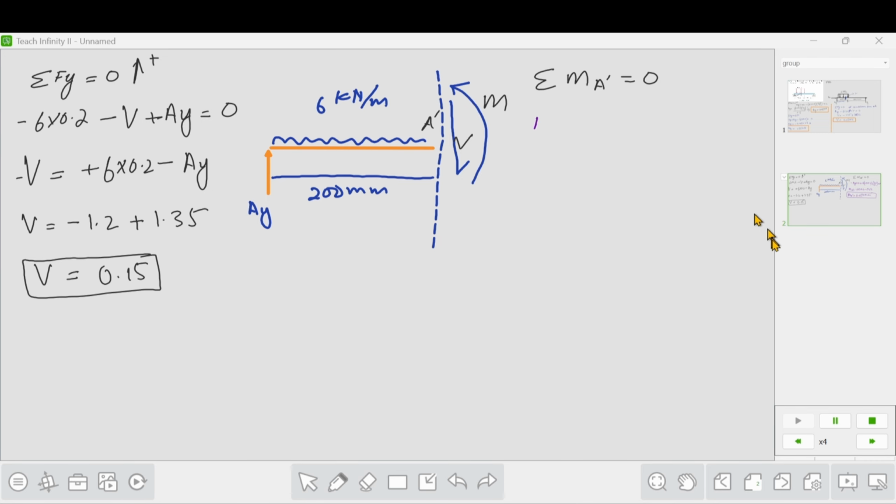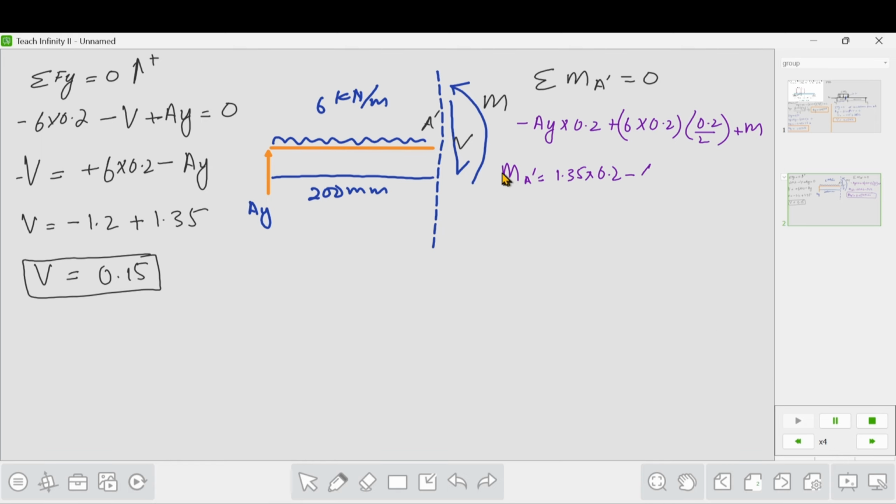Now finding the moment, let's say this point is A dash. Summation of moment at point A dash equals 0. The force which rotates anticlockwise will be taken as positive. Ay multiplied by 0.2, the lever arm, and then 6 multiplied by 0.2 and the lever arm 0.2 divided by 2, because the load is applied at the center.